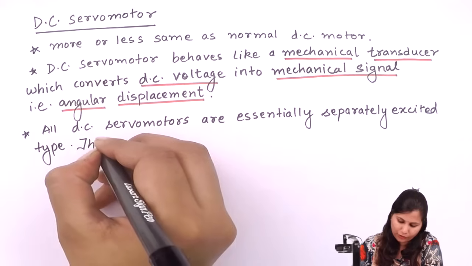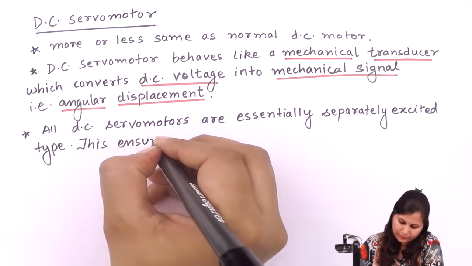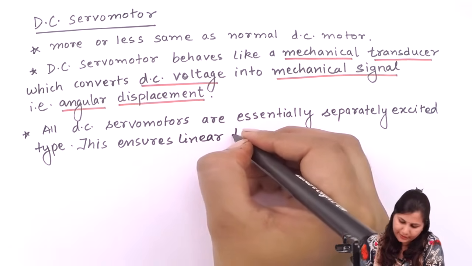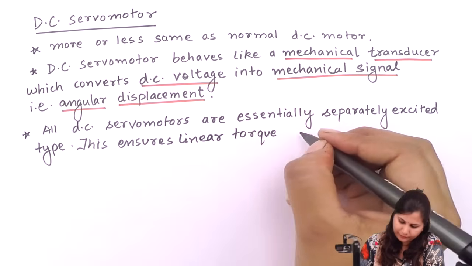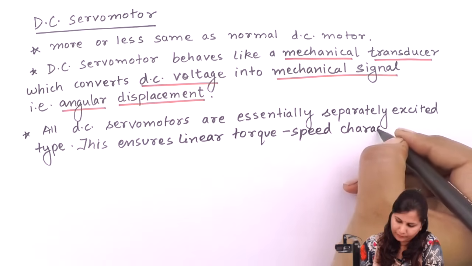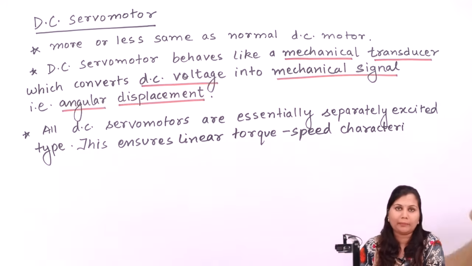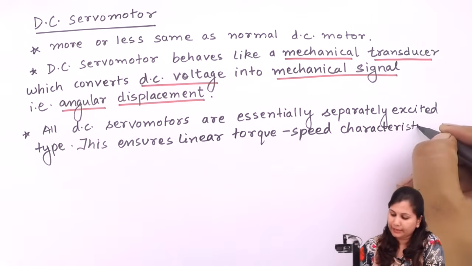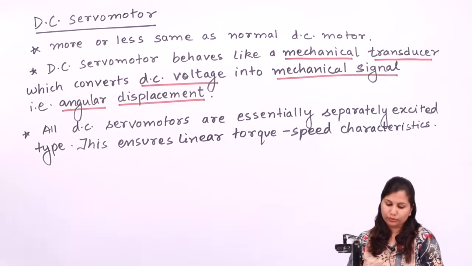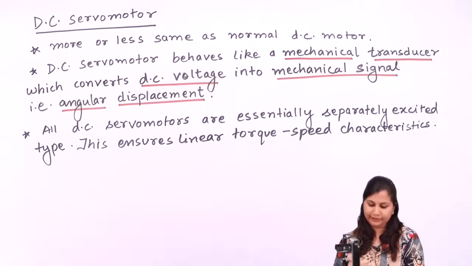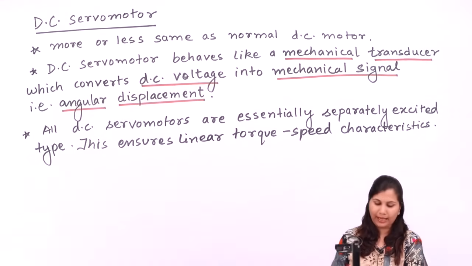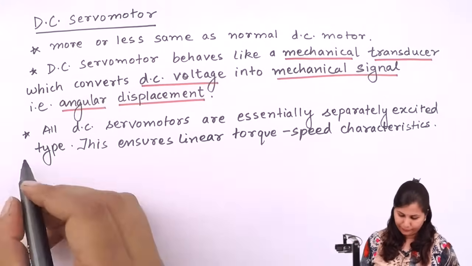Because it ensures linear torque speed characteristics. We have studied in the requirements of a good servo motor that a good servo motor should have linear torque speed characteristics. So to have linear torque speed characteristics, we should use DC servo motors as separately excited type.